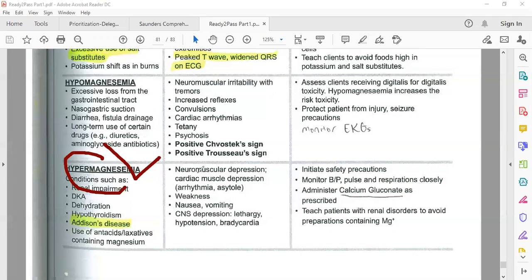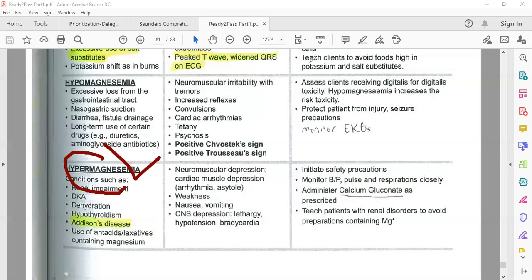The major source of chloride is salt. When hyperchloremia occurs, the signs and symptoms are nausea and vomiting. When the chloride level goes down, it is called hypochloremia. A hypochloremia patient develops muscle cramping and GI upset.